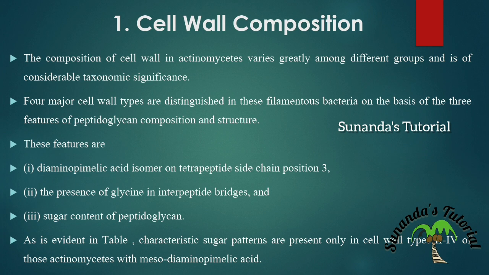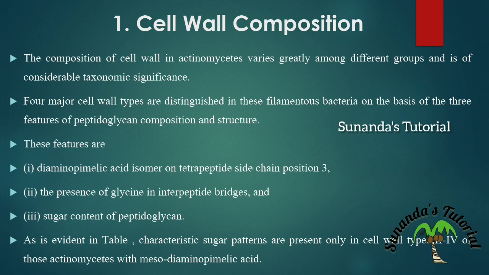These features are the diaminopimelic acid isomer on the tripeptide side chain in position 3, the presence of glycine in the interpeptide bridge, and the sugar content of peptidoglycan. So these are distinguishing features of these filamentous bacteria.